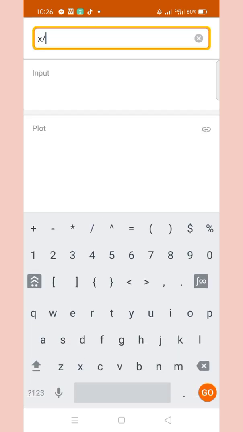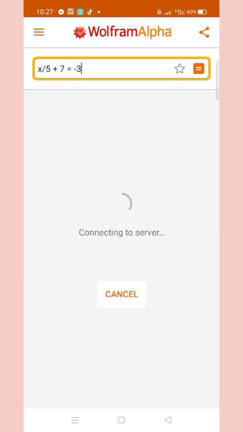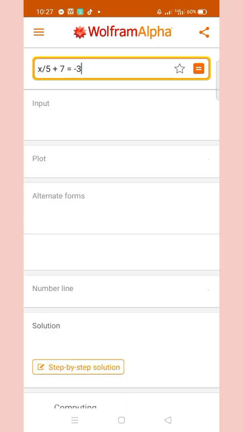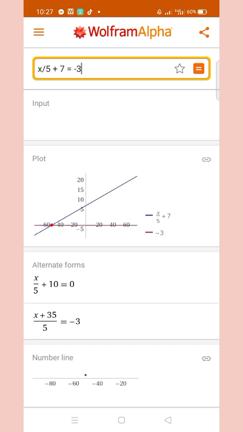So the equation would be x over 5 plus 7 equals negative 3. So let's wait for the answer, and Wolfram Alpha is computing already.